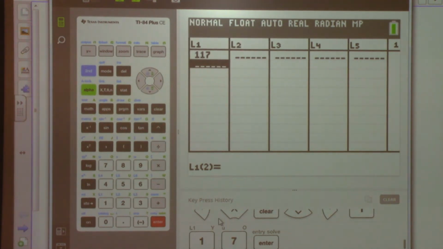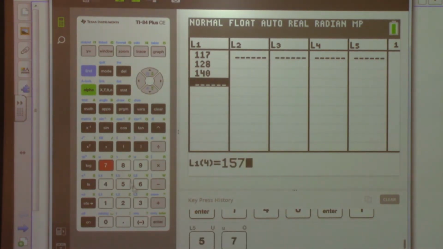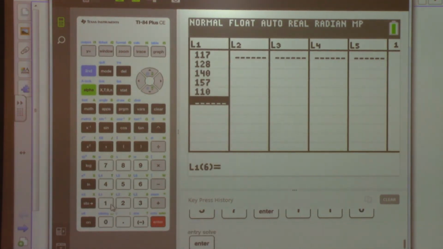After you've already done that, somebody help me do the rest of it here. 17, what's the next number? 128. 140. 157. 110. 188.